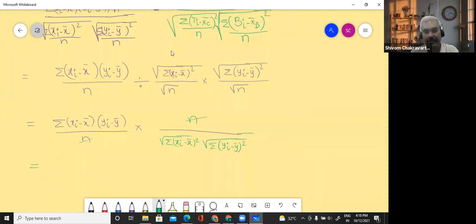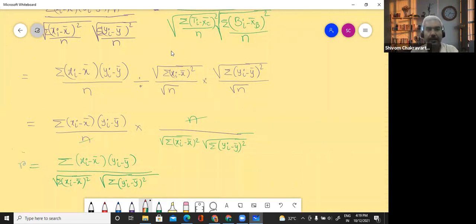So the final formula in terms of xi and yi, a very granular formula, is divided by summation of xi minus x bar, and so on. This is also the correlation coefficient r.